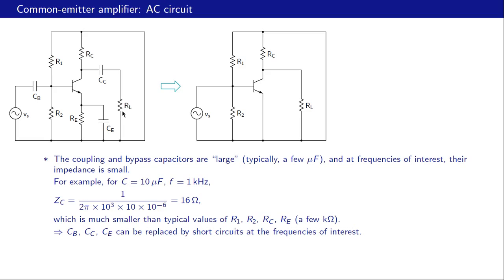What have we done? We have replaced CB with a short circuit, CC also with a short circuit, and CE also with a short circuit. And because of that, this emitter has got effectively connected to the ground directly, bypassing this RE resistor like that. And now it is clear why this capacitor CE is called the bypass capacitor.